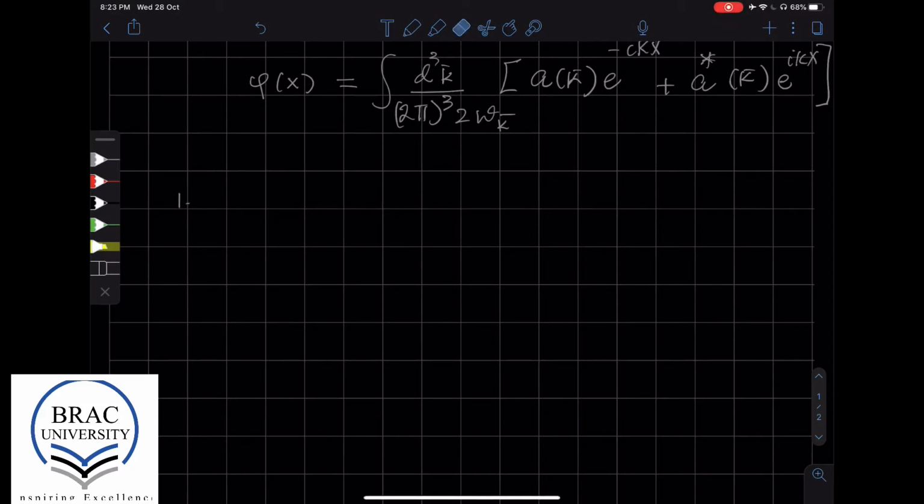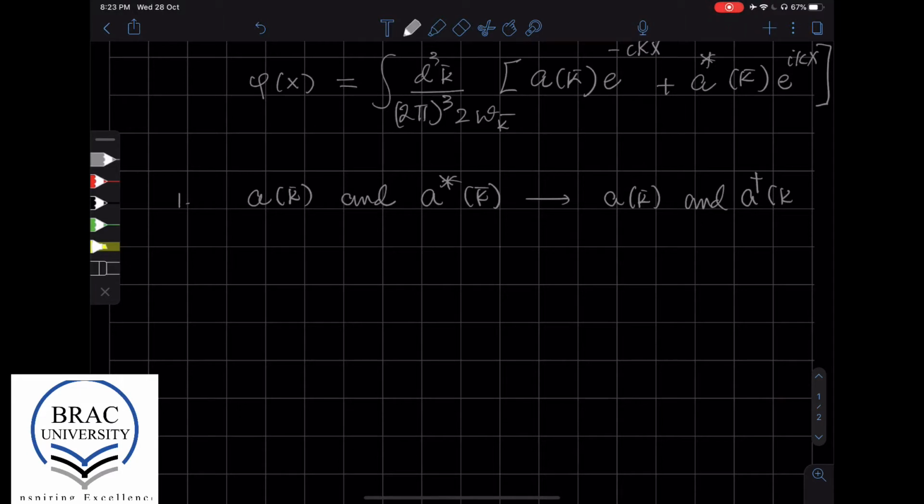But then what we did is we quantized our free real scalar field. And to do that, we took the classical Fourier modes, A(k) and its complex conjugate, A star of k, and we replaced those by their operator counterparts, which again we write as A of k and A dagger of k.